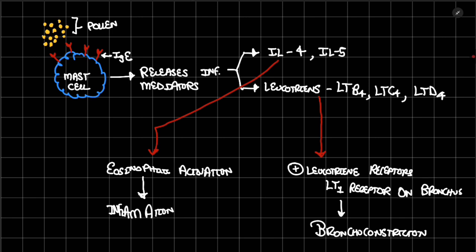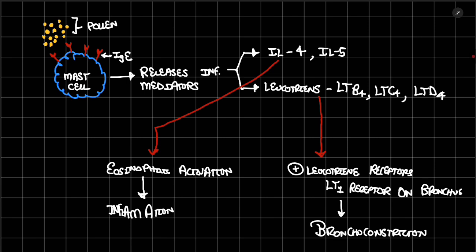The mast cell is activated and releases inflammatory mediators, which are I and L. I is interleukins, L is leukotrienes. Which interleukins? Interleukin 4 and 5. Which leukotrienes? LTB4, LTC4, LTD4.